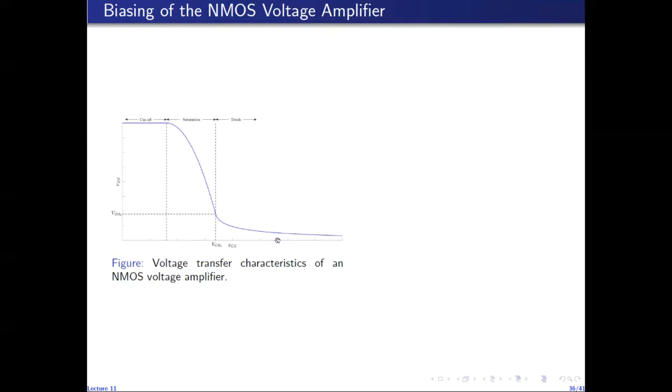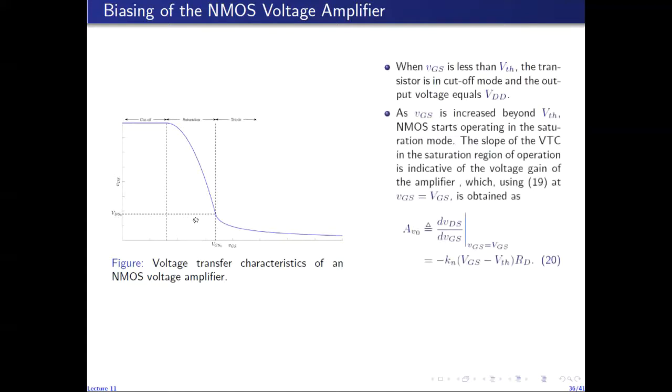The rate of decrease of the drain to source voltage will itself decrease, because with increasing VGS in the triode mode, the rate at which the current increases decreases. So the rate at which VDS decreases will decrease with increase in VGS.